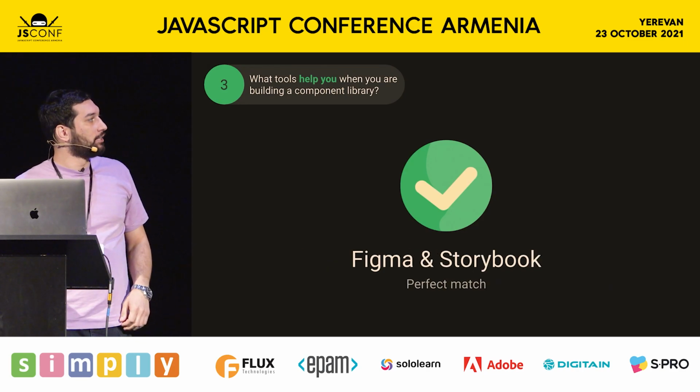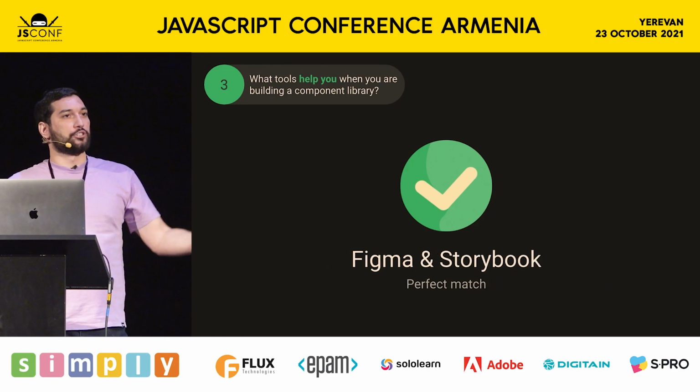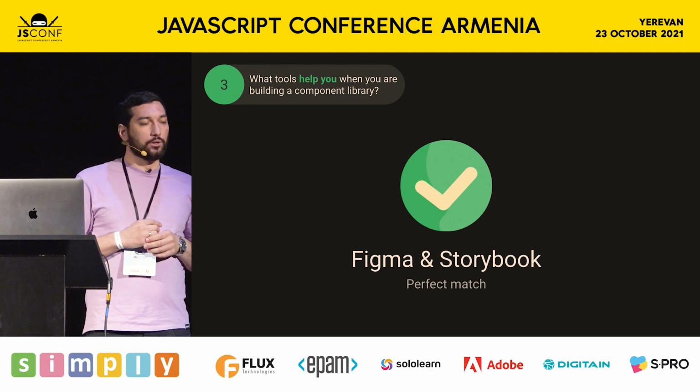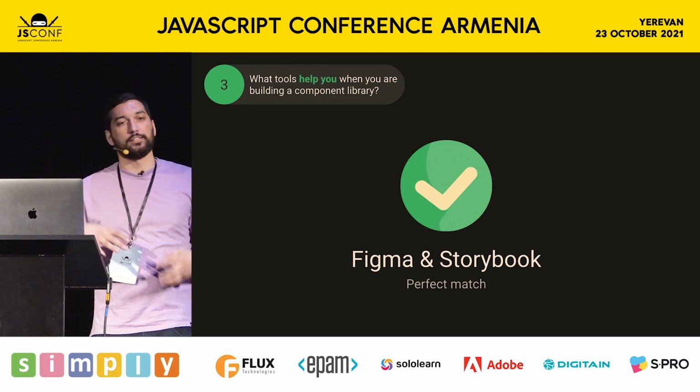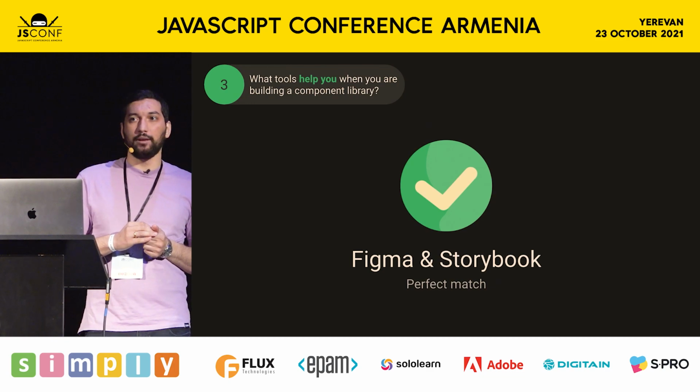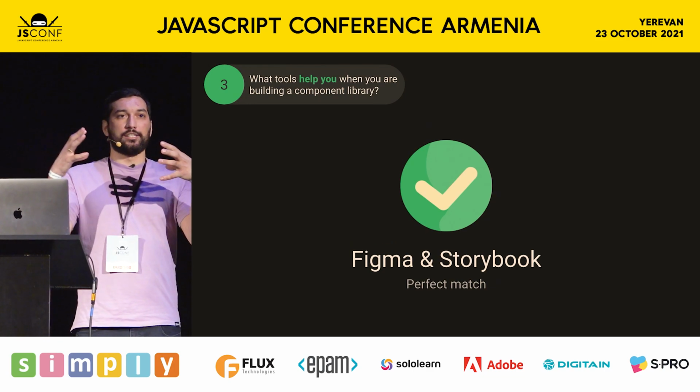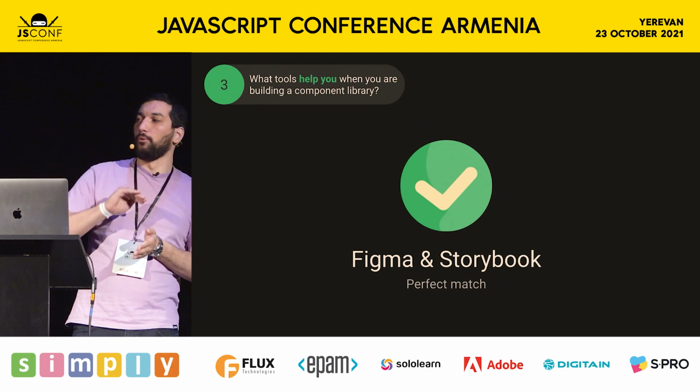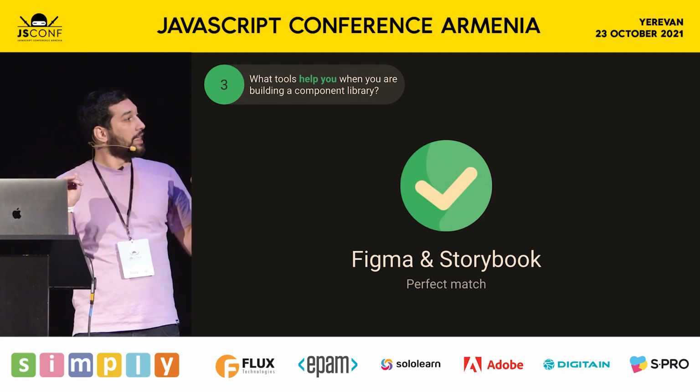Another good thing is that, for example, I love both Figma and Storybook, and there are really good things you can do to synchronize Figma and Storybook. That means that you can have a synchronized version of your component both on the design side and the development side.